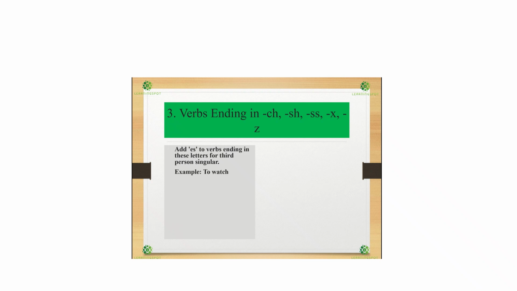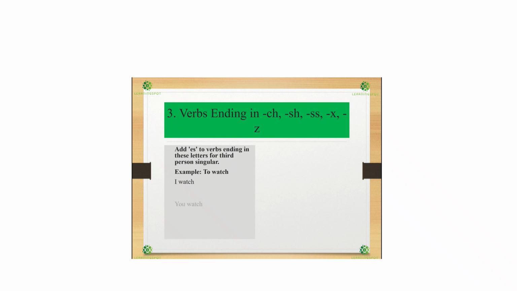For instance, to watch. You see one of the examples of verbs ending in ch. I watch. And remember, watch is used when you're looking at something available or visible on electronics, like on TV or laptop, watching a movie, things like that. I watch a movie.